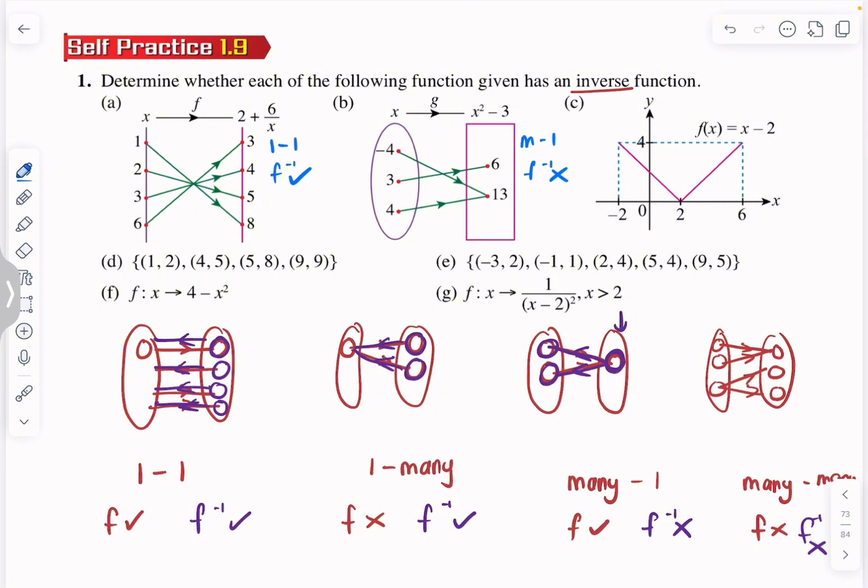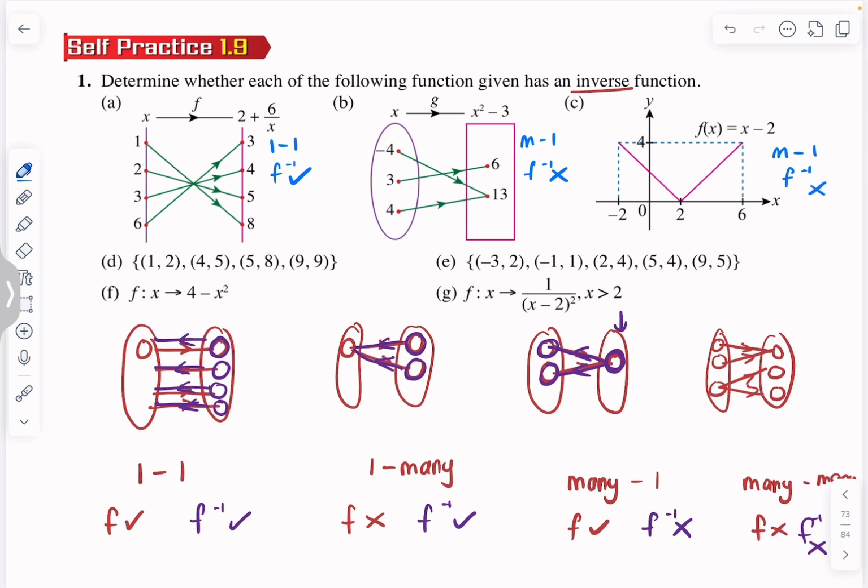This one, each x only has one y, but each y has more than one x. So we can say this is many to one, and it will not have an inverse function.